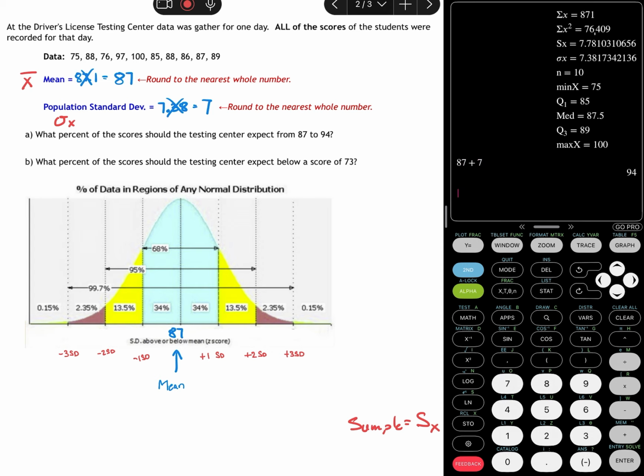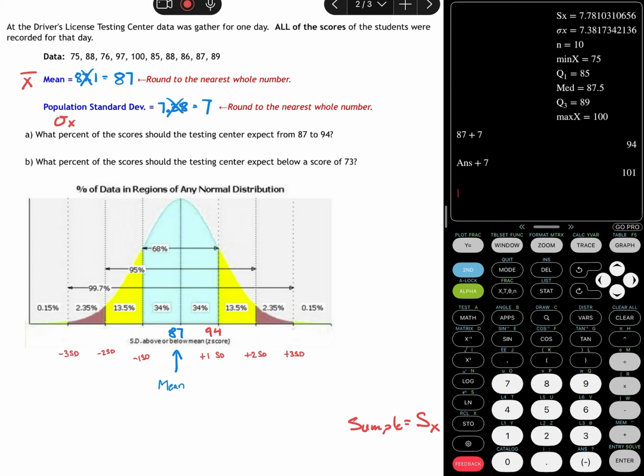So you do 87 plus 7, and I'm going to do that in red. So this is now 94, and then you add another standard deviation, which is 7, which is 101, and add another standard deviation, which of course is 108. So 108 is 3 standard deviations above the mean.